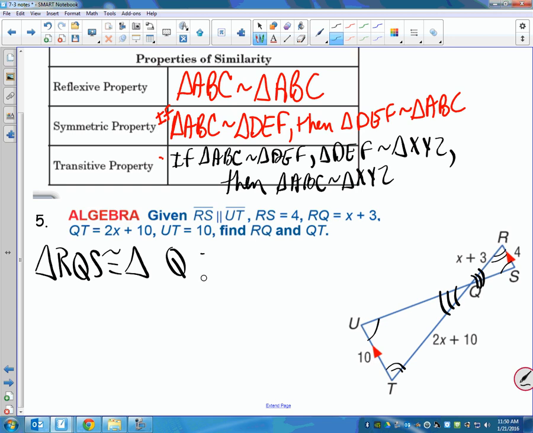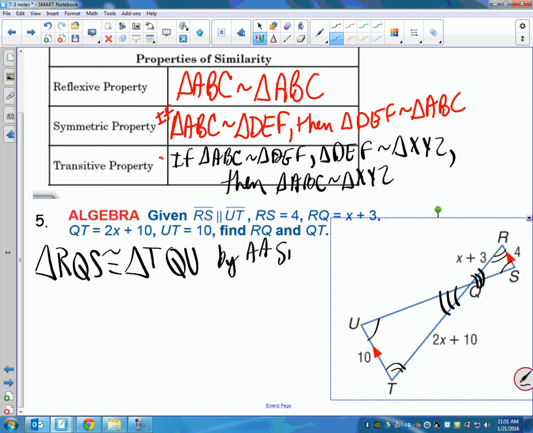It's kind of important to know which one goes with which when it splits like that. We match the angles up. So RQS, I have 2, 3, 1 marked, so that's how you know it's TQU. And I'm just going to put by angle-angle similarity.